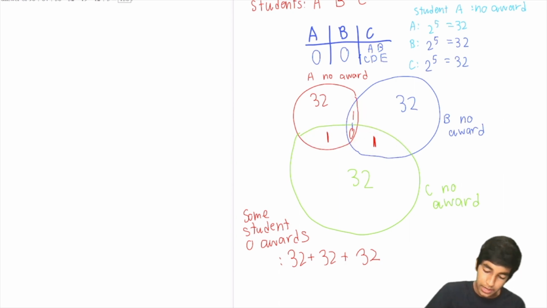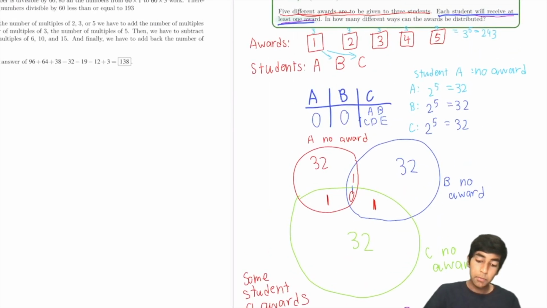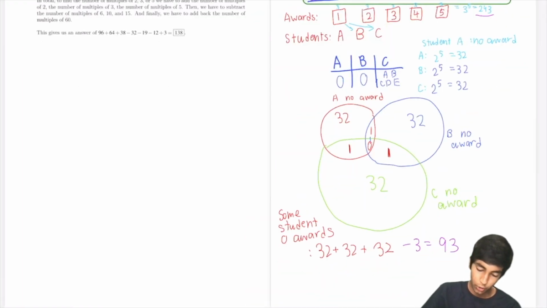So we subtract 3. Minus 3 equal to, this is 93, right? And we found that the total number of cases was 243. So what we're going to do is 243 minus 93 equal to 150. So 150 is our answer.